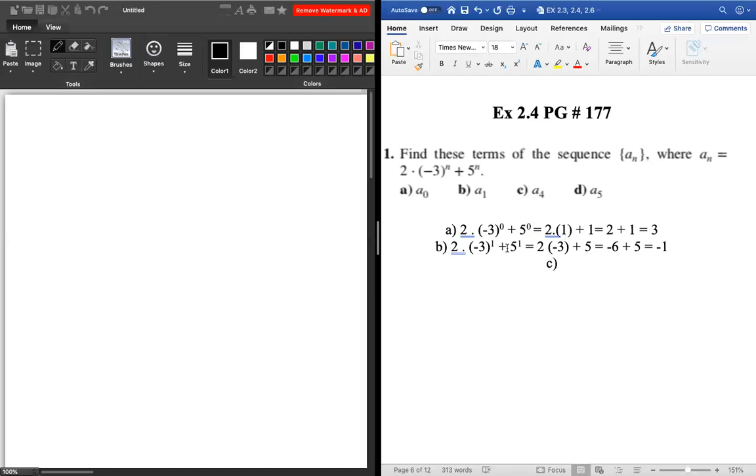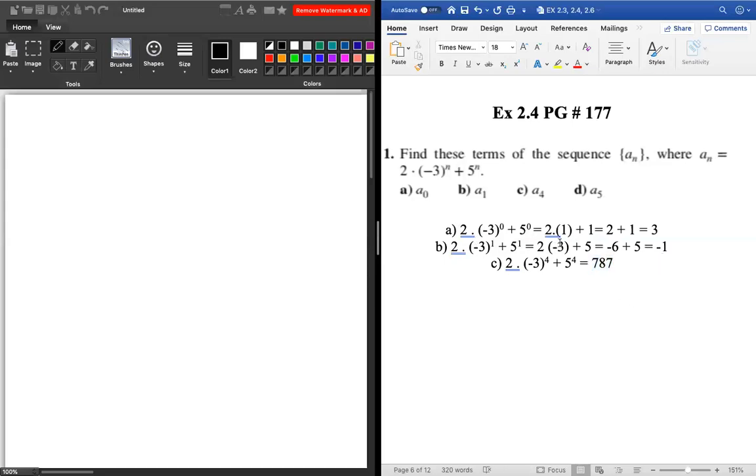Part c, same thing. Replace this with 4. So here we have negative 3 to the power of 4. Because this is similar to this, I don't want to waste time on the calculation, so it's the direct answer, because I think you guys have got the idea.